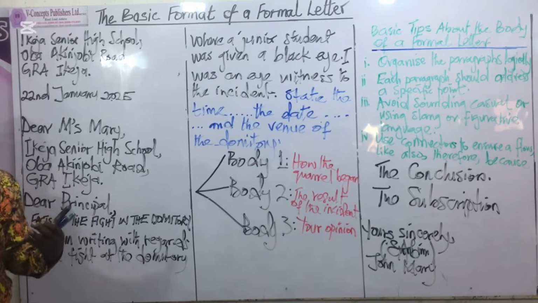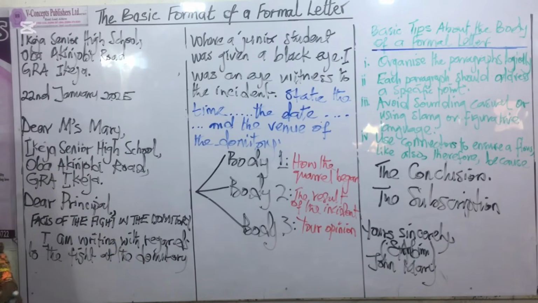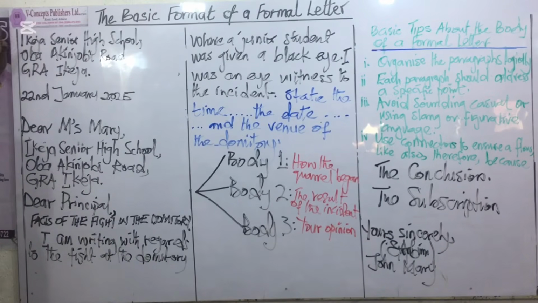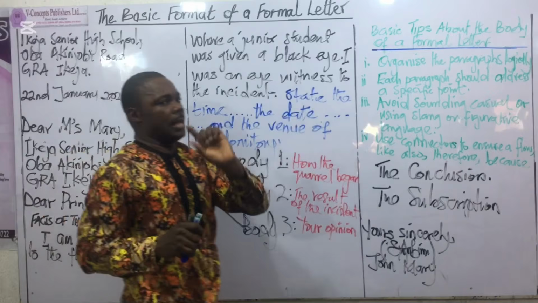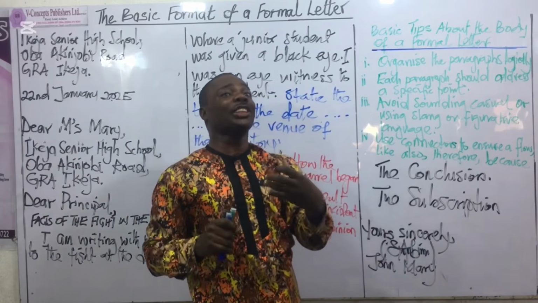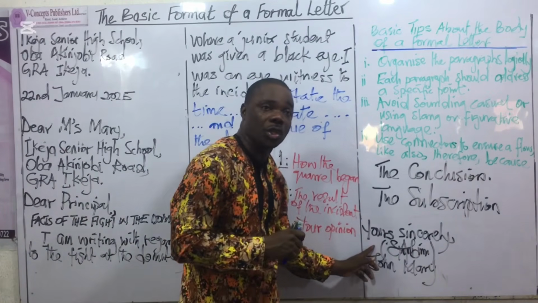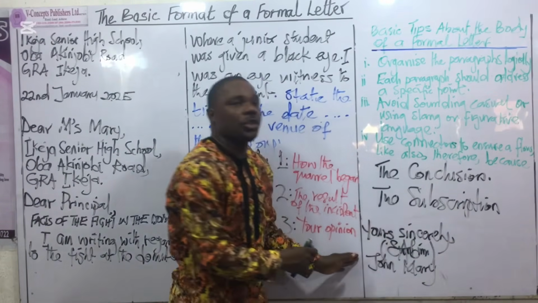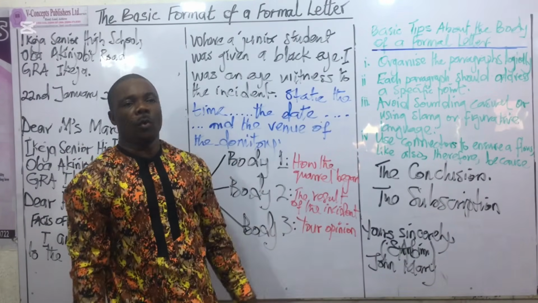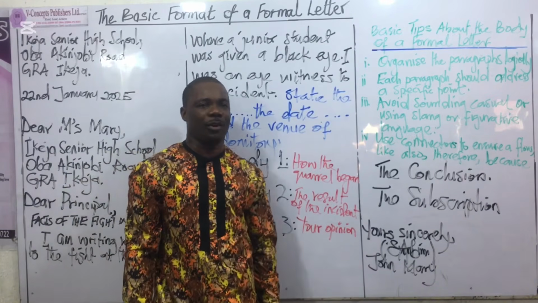Maybe when you are writing an application letter for a job or for the position of a receptionist, you decide to move your address to the top left-hand corner, it's acceptable. And every other thing will follow. Then the next place you're going to make a change is the subscription. You move it to the bottom left hand of the paper. With this, your job would have been done.